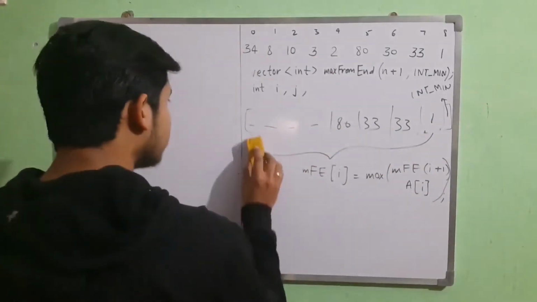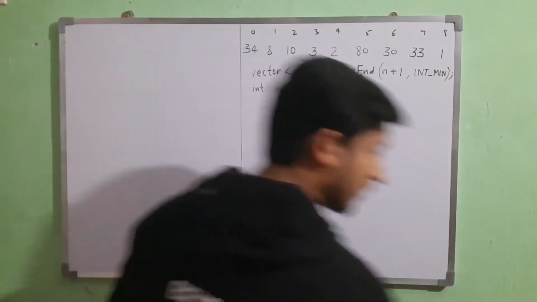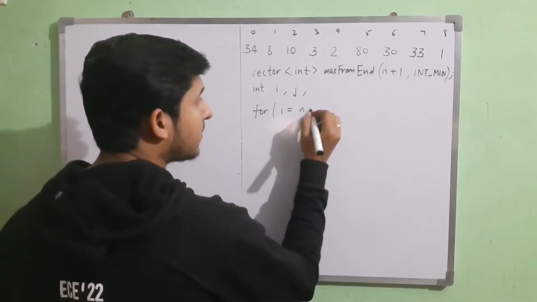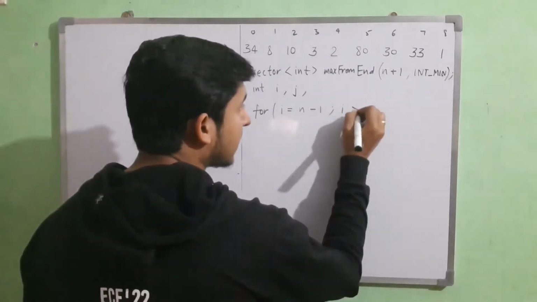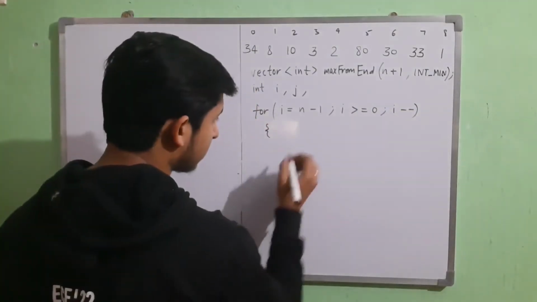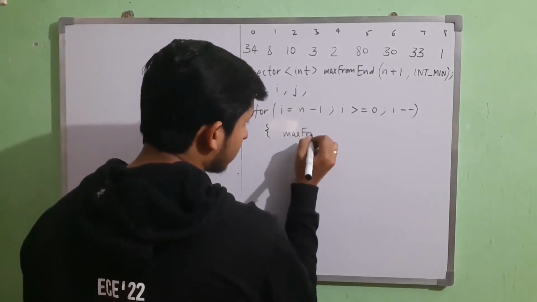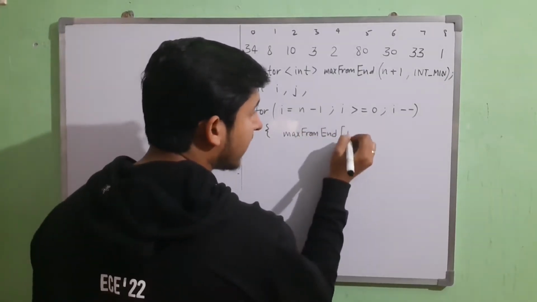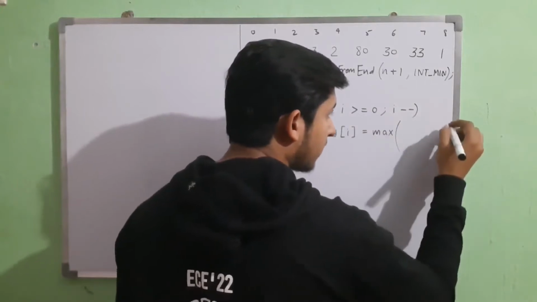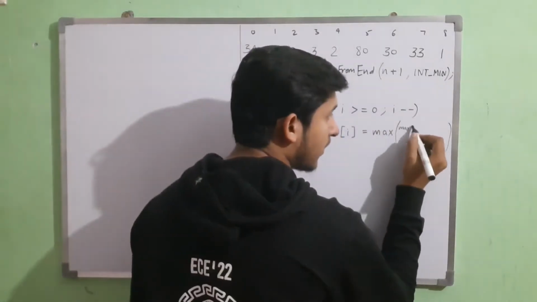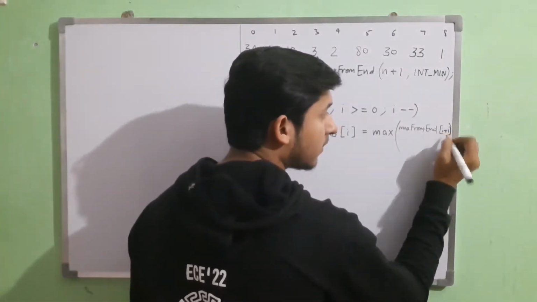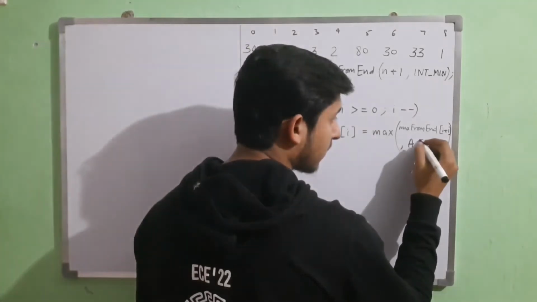So for i equals n minus 1, i greater than or equal to 0, i minus minus, maxFrom at index i will have the maximum of maxFrom at index i plus 1 and A[i].